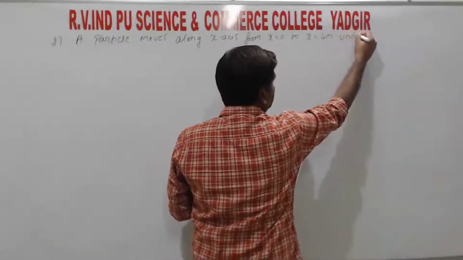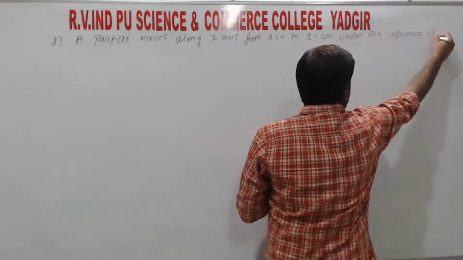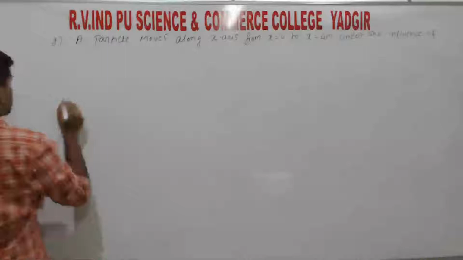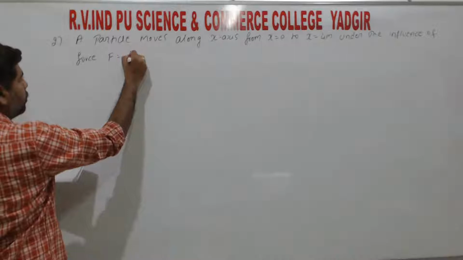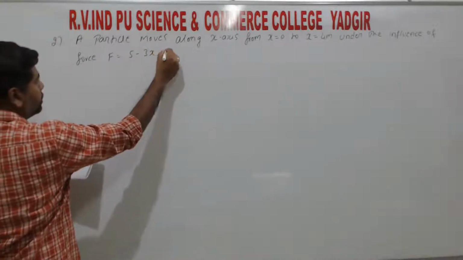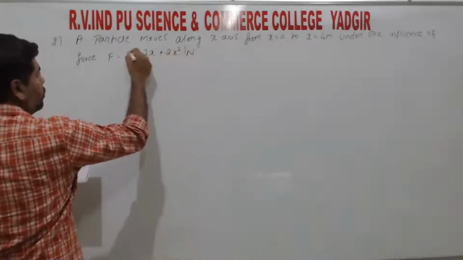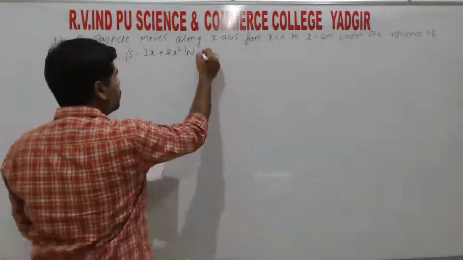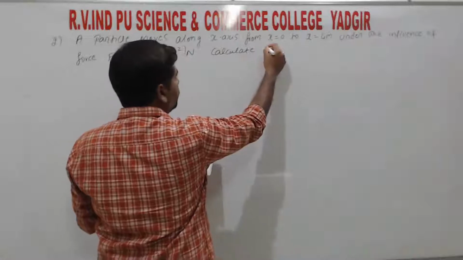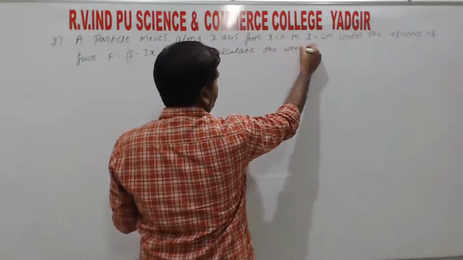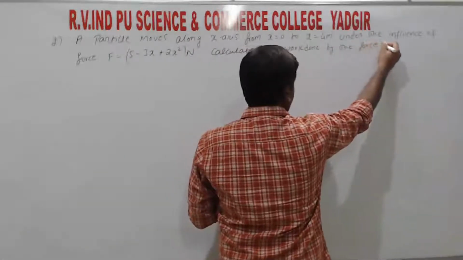Under the influence of force F equals 5 minus 3x plus 2x square Newton, right? Calculate the work done by the force.